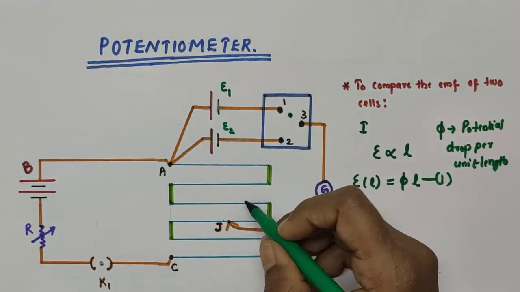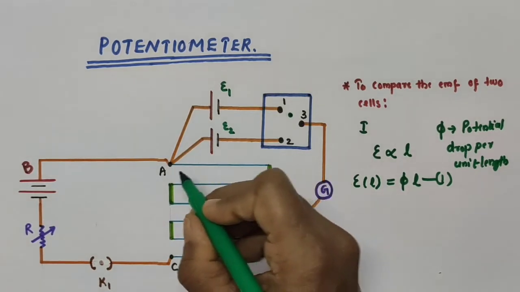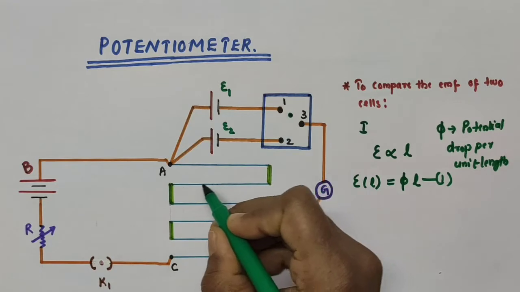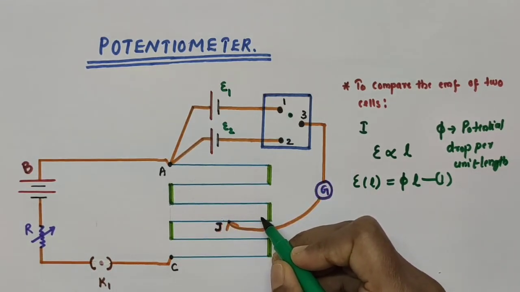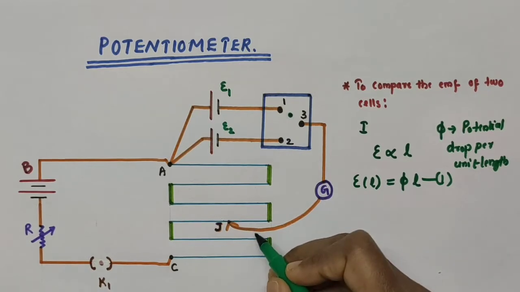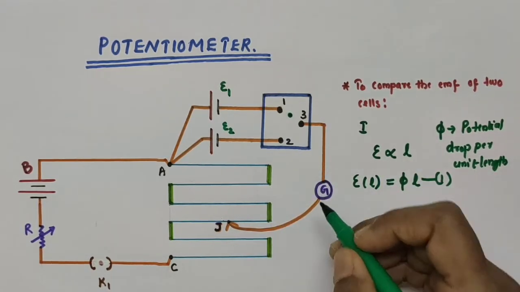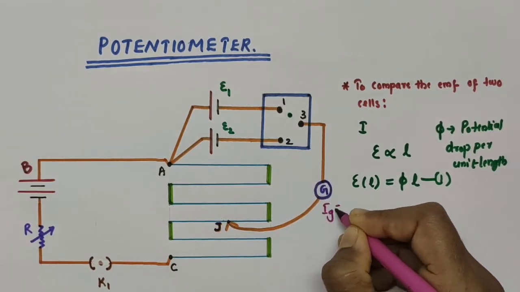Then what we want to do is move this jockey along this wire from this point A, like this, then like this, then like this, along this wire, and stop the jockey when the galvanometer shows zero deflection. Zero deflection means the current through the galvanometer, Ig, becomes 0.